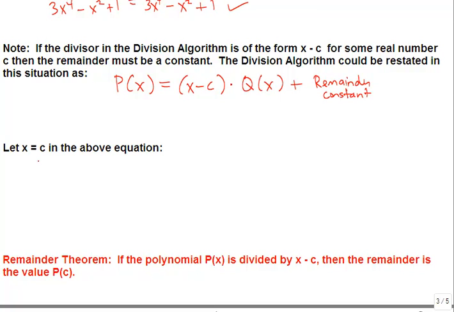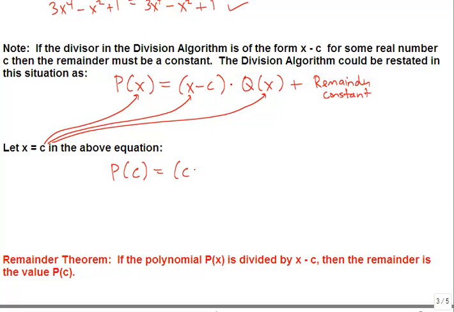So let's plug in c for x in this equation. I'm going to plug in c here, here, and here. So p of c equals c minus c times q of c plus remainder. Well, c minus c goes to 0, and 0 times anything is still 0.